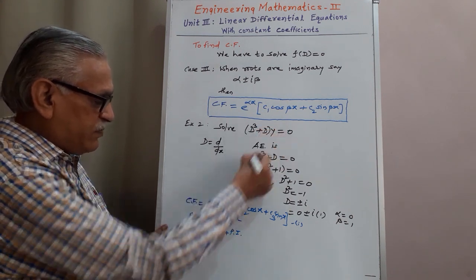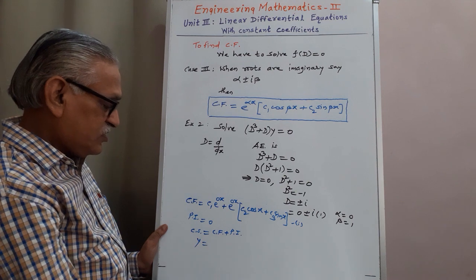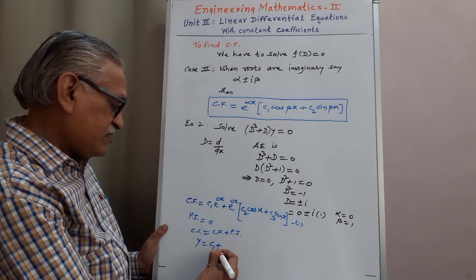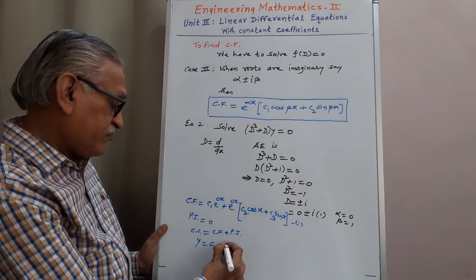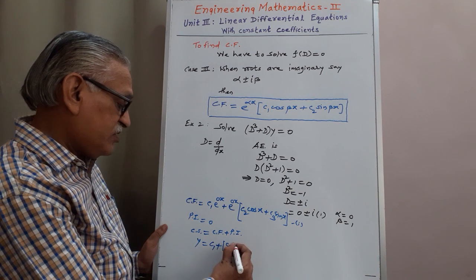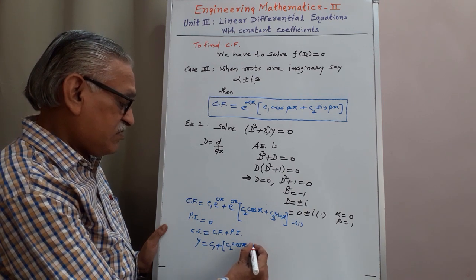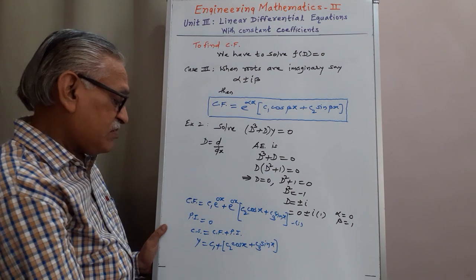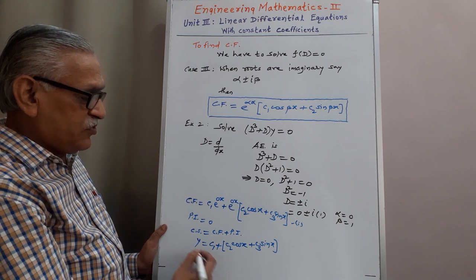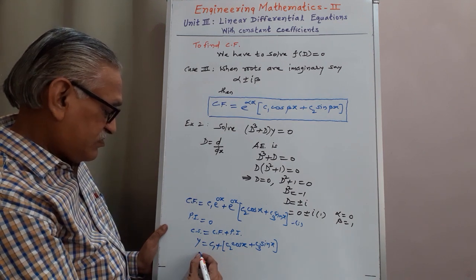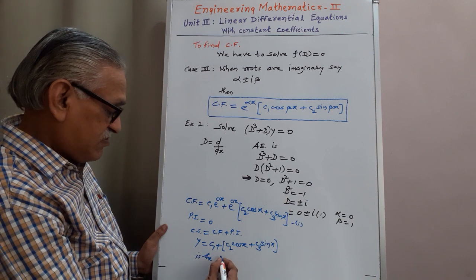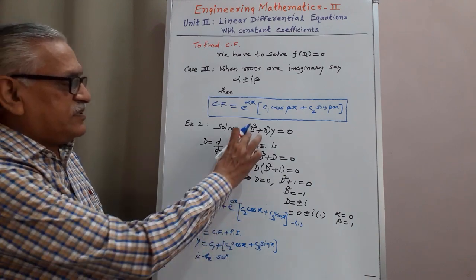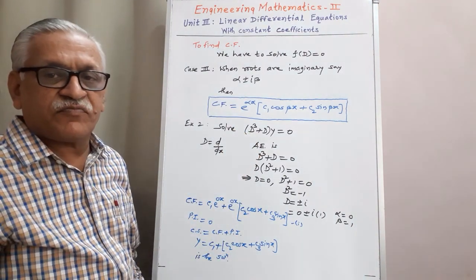Complete solution for the dependent variable: y equals CF, which is here C1 plus e raised to 0 is 1, C2 cos x plus C3 sin x, and plus PI which is 0. Therefore, this is the required solution of that given differential equation.